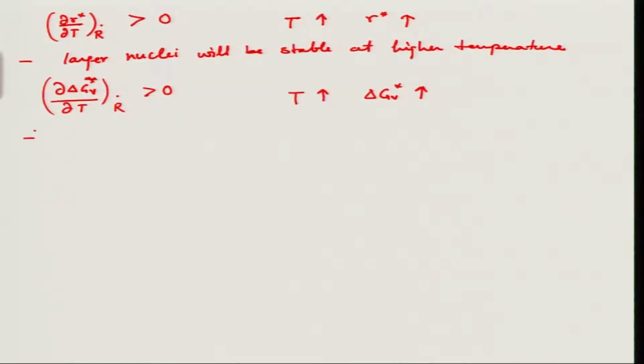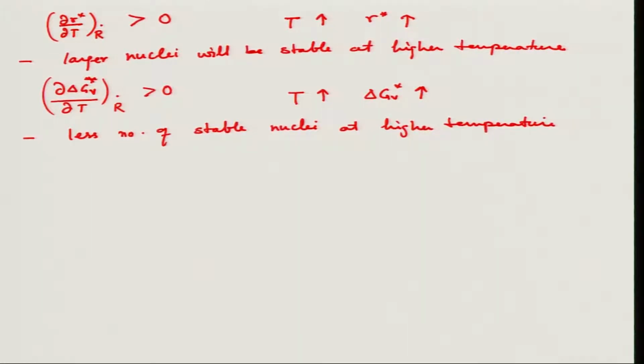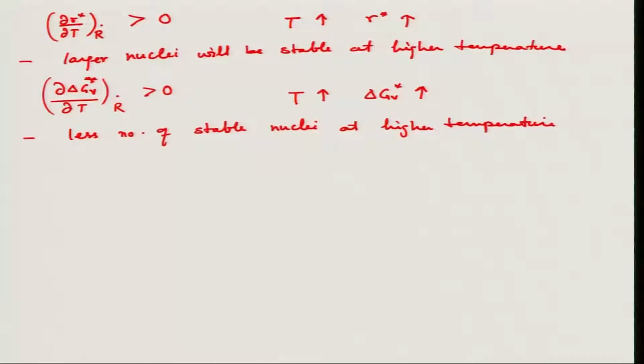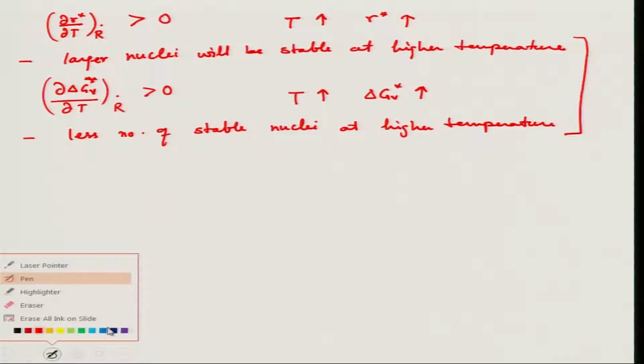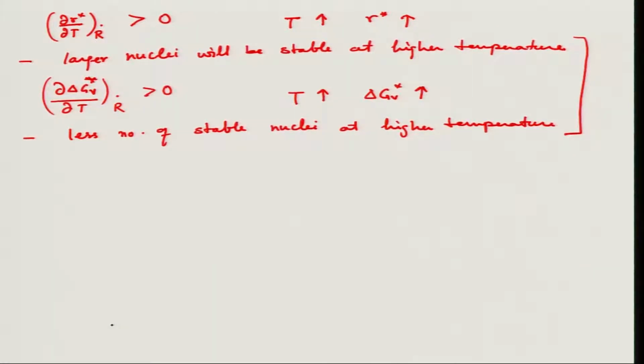So, this means fewer stable nuclei at higher temperature, if I keep the deposition rate, or the rate at which the atoms and molecules are coming to the surface, constant.